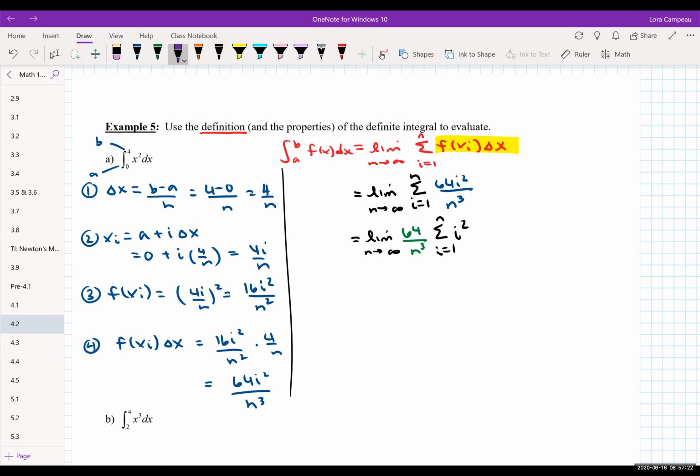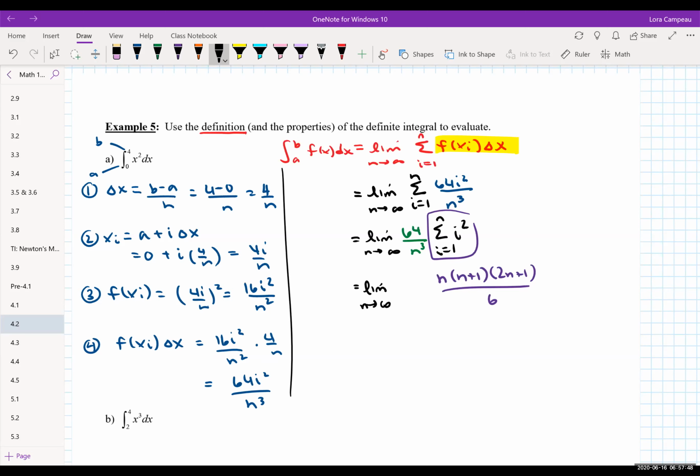So looking back, what do we have? n times n plus 1 times 2n plus 1, all over 6. That was one of our properties from the last section. What that allows us to do is, when I look at it more carefully, we still have the limit as n approaches infinity.